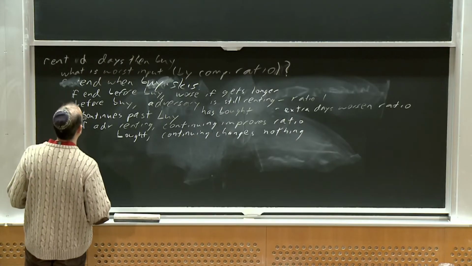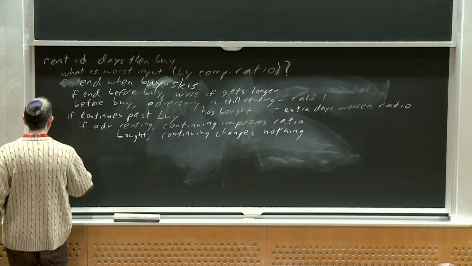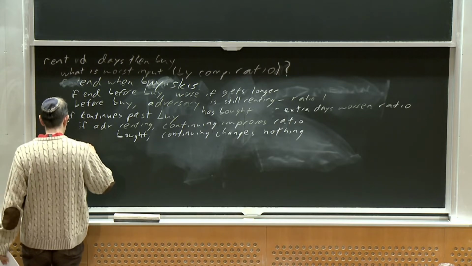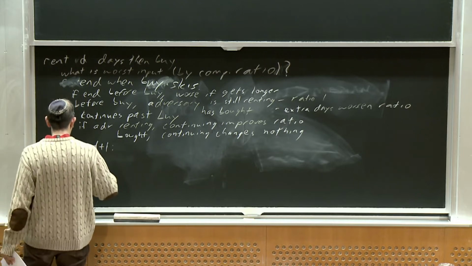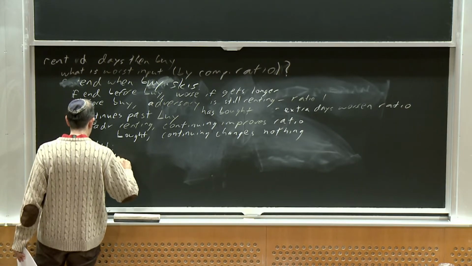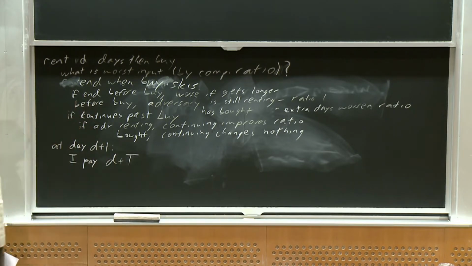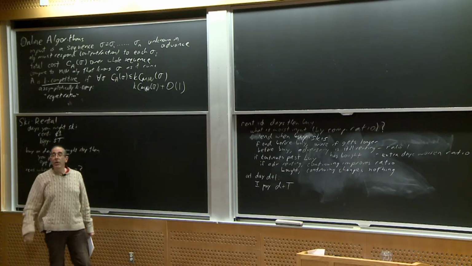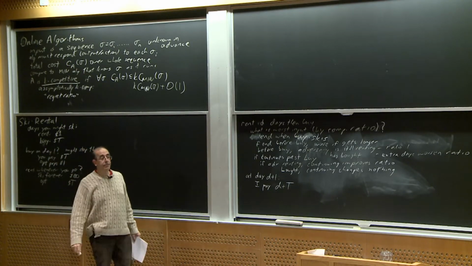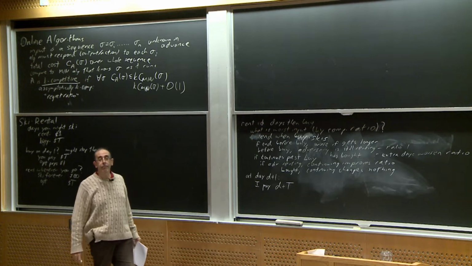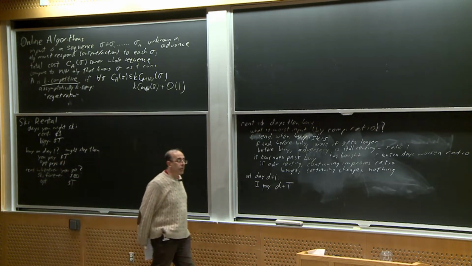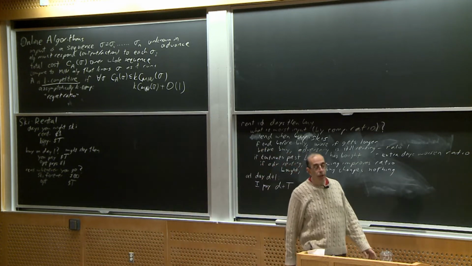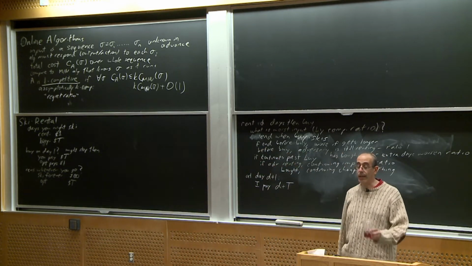Okay, so we're now looking at day D, or at day D plus 1. And I pay D plus T. What does the adversary pay? Remember that the adversary knows that we are going to be skiing for exactly D plus 1 days.